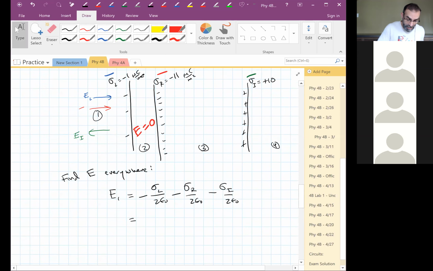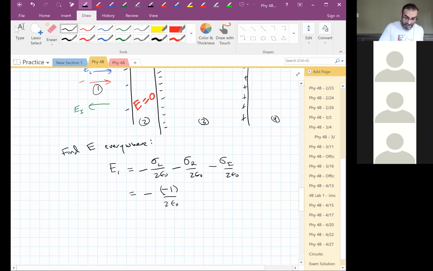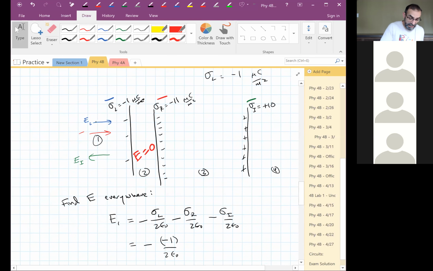So sigma left is actually a -1. That's going to fix the sign. Negative times negative is positive, and I know it is in the positive direction, right? So that's going to automatically correct itself and make that positive.